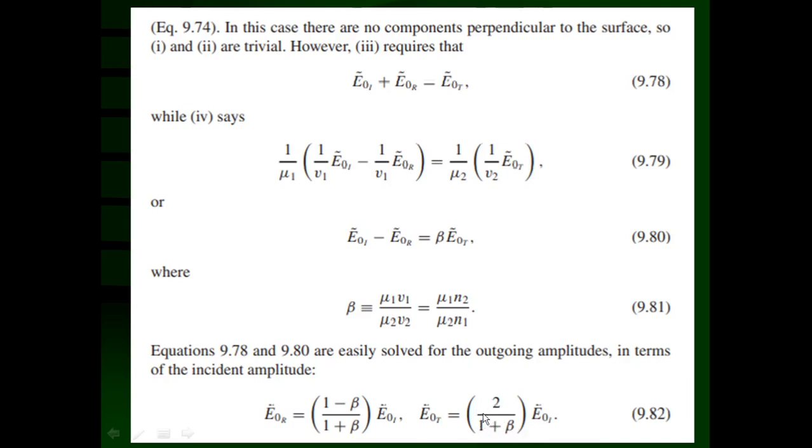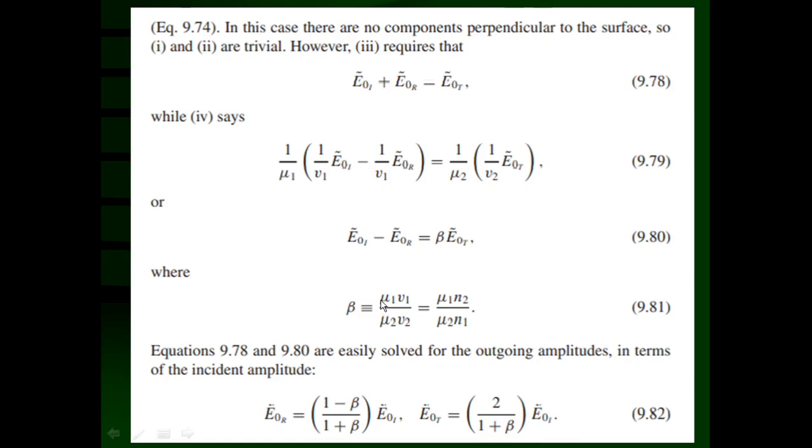So how much electric field magnitude is going to be transmitted from one medium to another medium is shown by these equations. So these two equations are very important. Beta is equal to mu1 V1 upon mu2 V2, and that is equal to mu1 n2 upon mu2 n1.